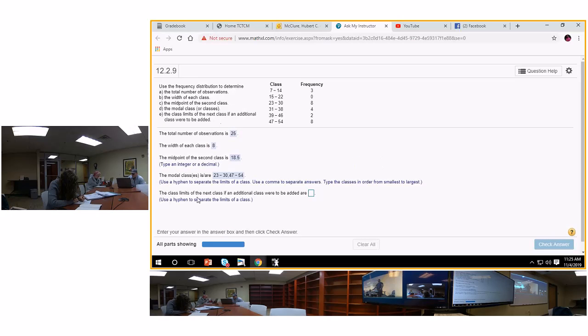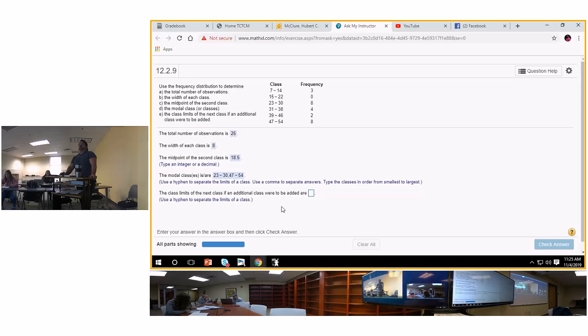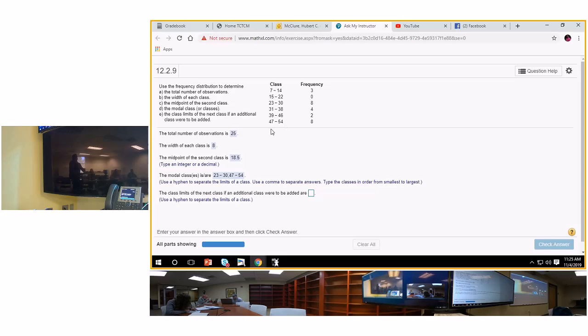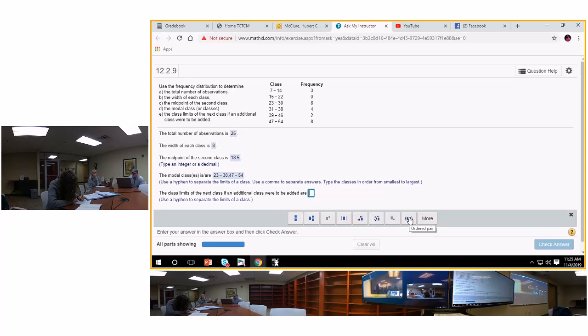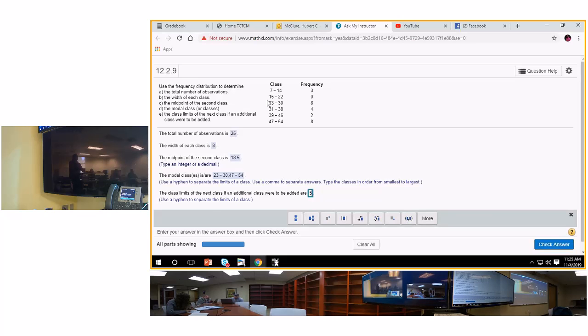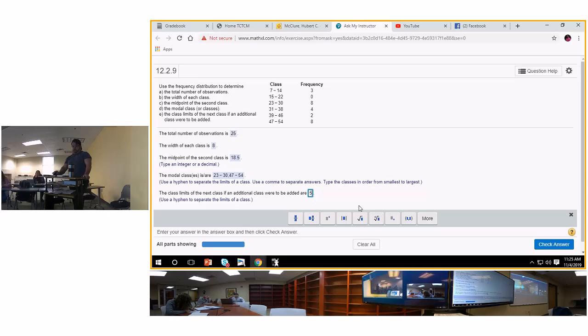The class limits of the next class. For the next class, well, what's between 54 and 55? 54.5. Now, I don't know if they want that. Okay, so just do this, what is 47 plus 8?